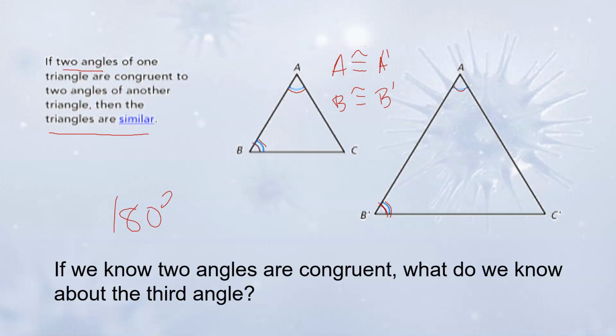So if I knew, for example, that A was 50 degrees and that A prime was congruent, and that B was 60 degrees and that B prime was congruent, I know based off of the fact that this triangle has to add up to be 180 degrees that C prime has to be 70 degrees. And so by proving that two sets of the angles are congruent, we're really proving that the third one has to be congruent as well, because both of the triangles will add up to 180 degrees.